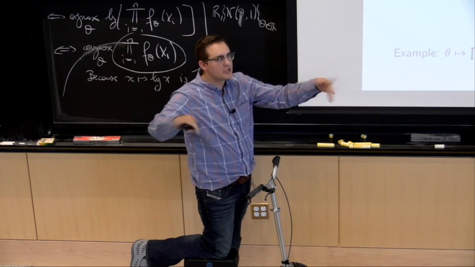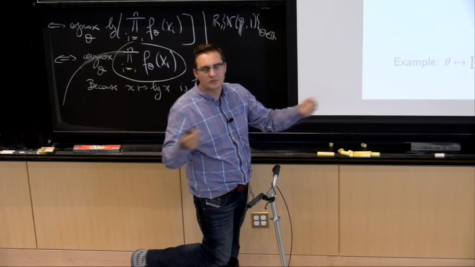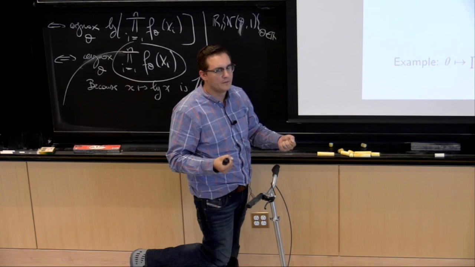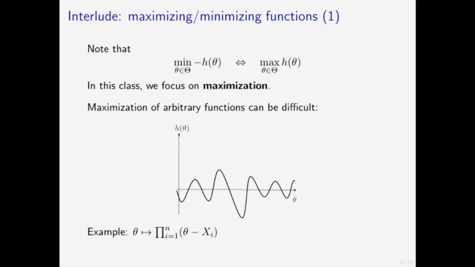Because if my function is very jittery, then my algorithm basically has to check all candidates, and if there are a lot of them, it might take forever. Here I have only 1, 2, 3, 4, 5 candidates to check. But in practice, you might have a million of them to check, and that might take forever.